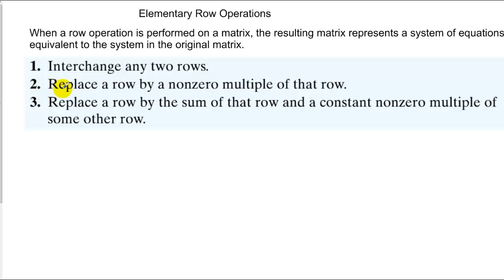We can replace a row by any non-zero multiple of that row. In other words, if we go back to thinking of systems of equations, you can multiply either side of the equation by the same number. Lastly, we can replace a row by the sum of that row and a multiple of another row. And that's kind of like the elimination process of solving systems that we did before.